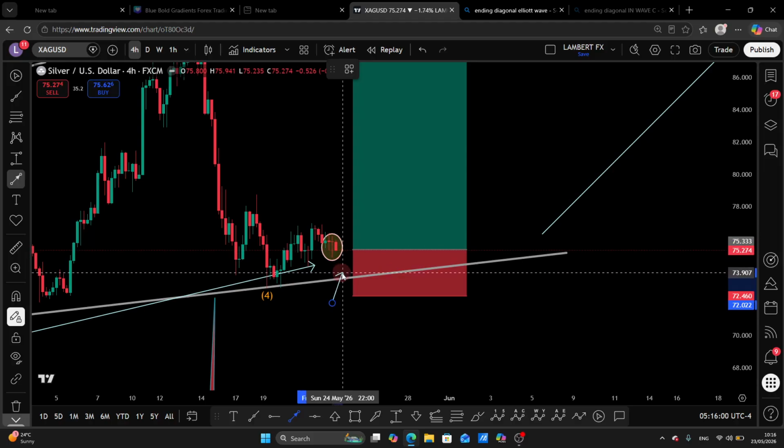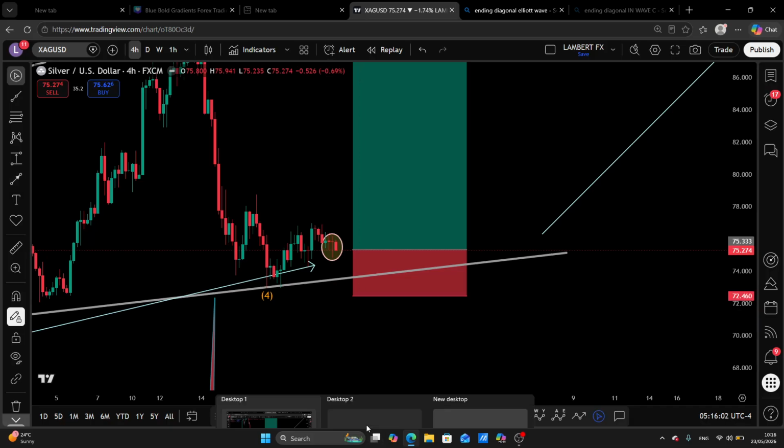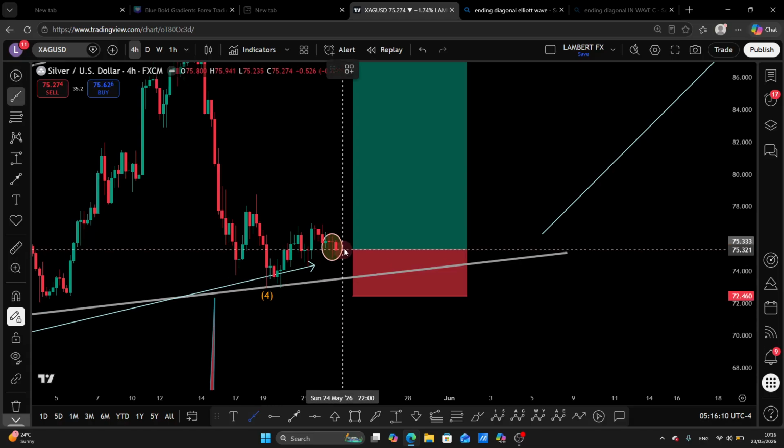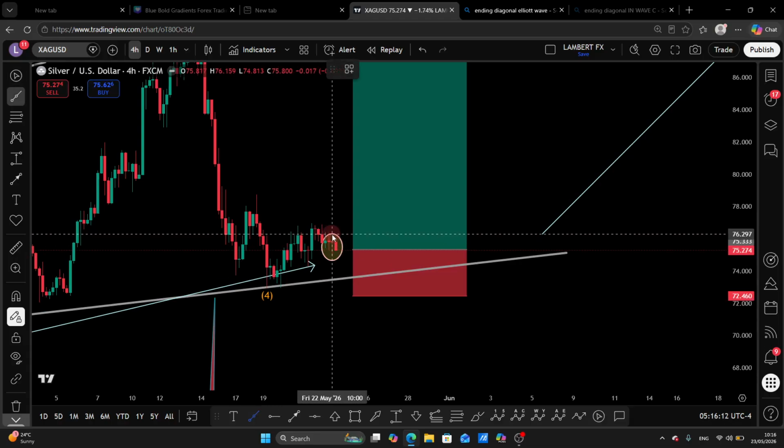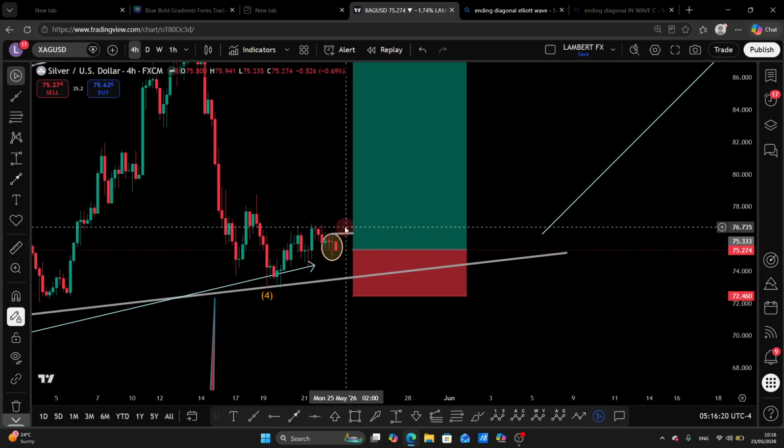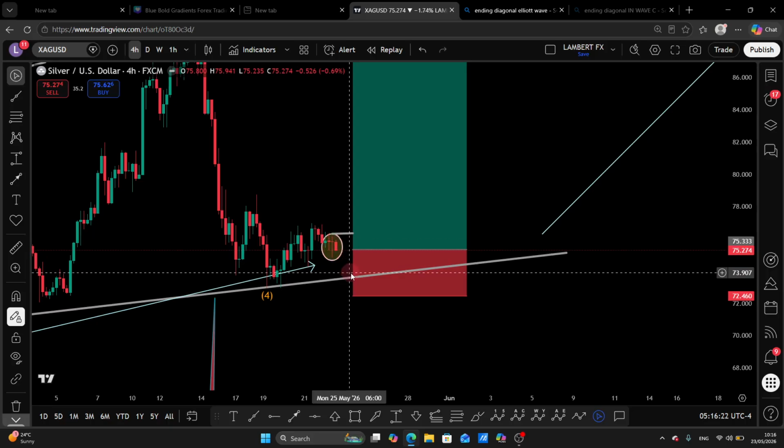You can trade this in two ways. You may want to wait for the next 4-hour candle to break the high of the pin bar to go long.